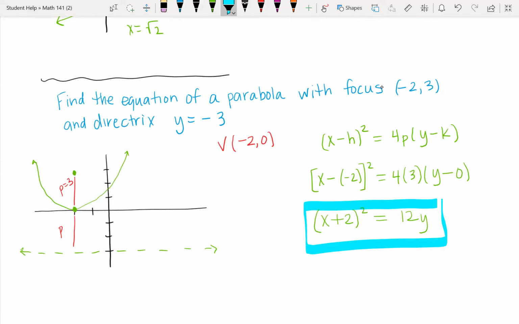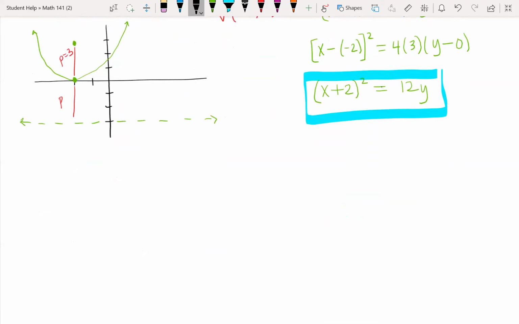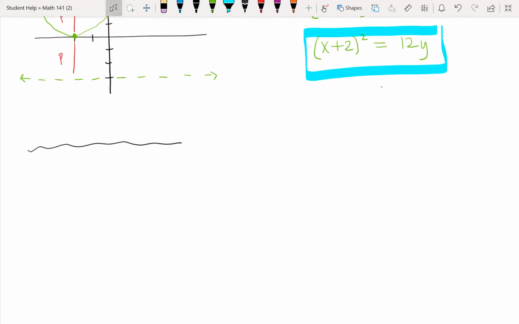All right. Let's tackle a couple of examples that are a little bit more complicated. These are more like the examples that you'll see in a calculus class.